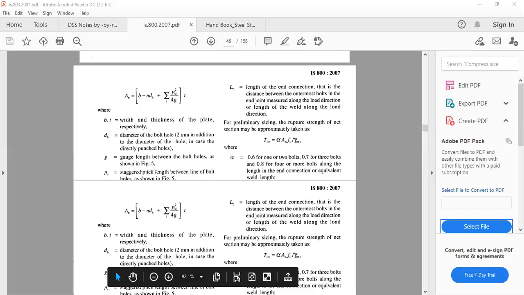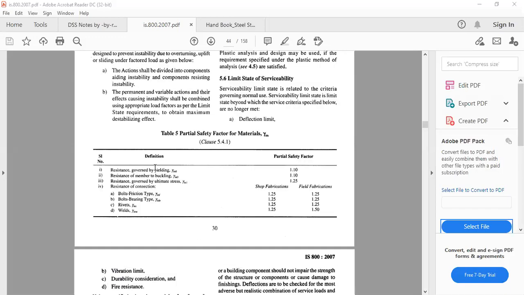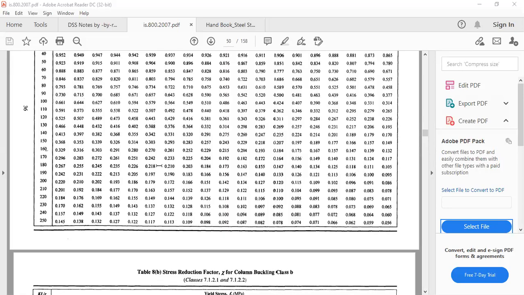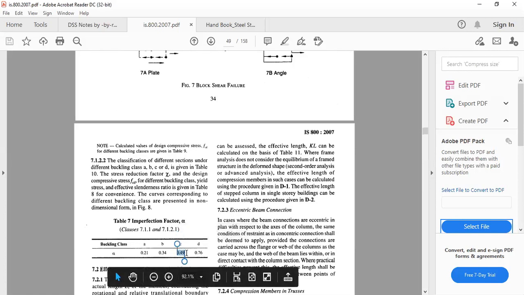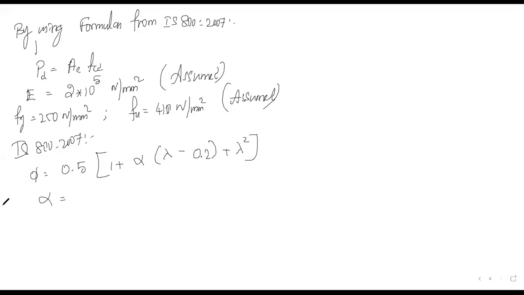So alpha for the buckling class C, from table number 7, becomes 0.49.